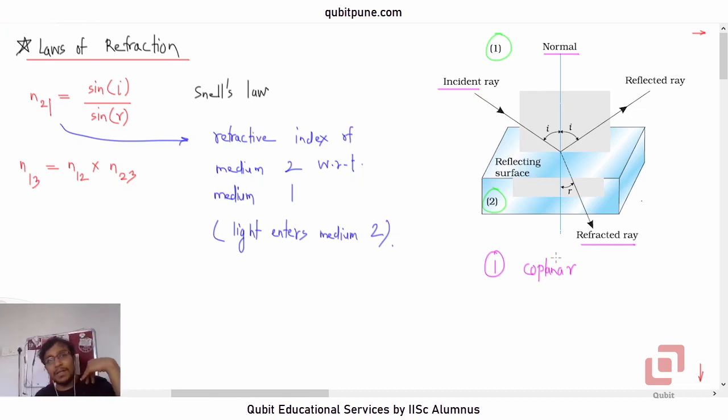Now if you have two pairs of media, let's say medium 1, medium 2 and then medium 2, medium 3, and you want to define the refractive index of medium 1 with respect to 3, then you can do that in this way: n13 = n12 into n23. This not only applies to two pairs, it also applies to 3 pairs, 4 pairs, or in general n pairs. So 1 3, so 1 2 and then 2 3. You can prove this, but we are not going to prove that. Is that clear, this formula n13? Remember the subscripts.